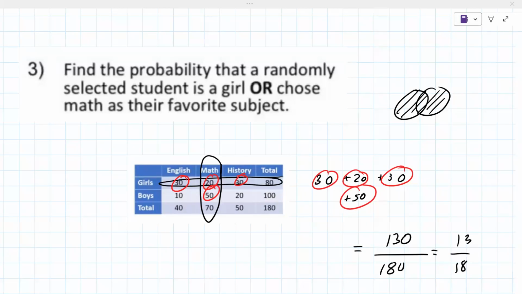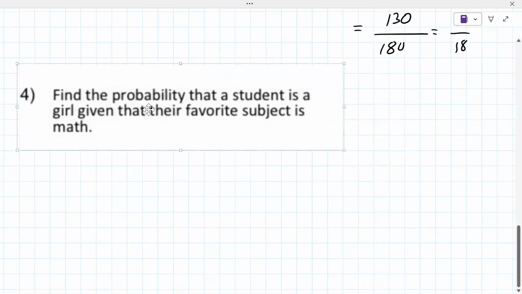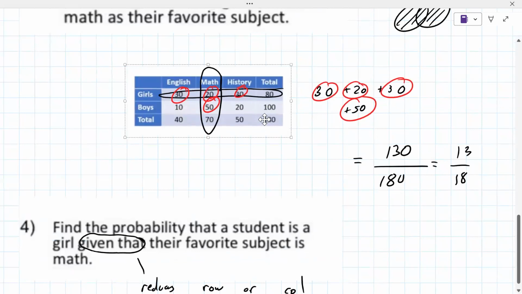Okay, now number four has the language where it reduces it to a row or a column. It says find the probability that a student is a girl given that. So that's the language you're looking for, that reduces it to a row or a column. You're probably thinking, how do I know which it is?